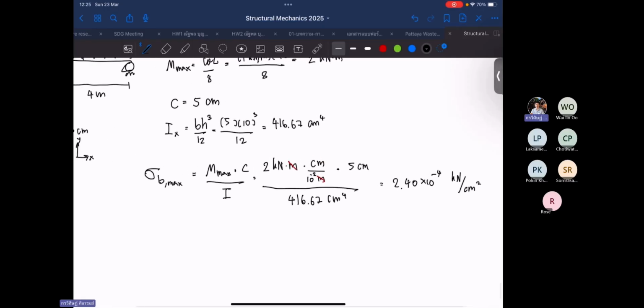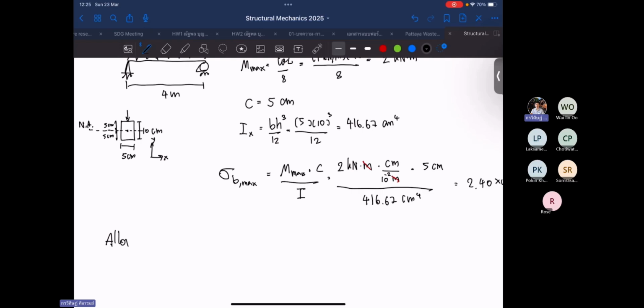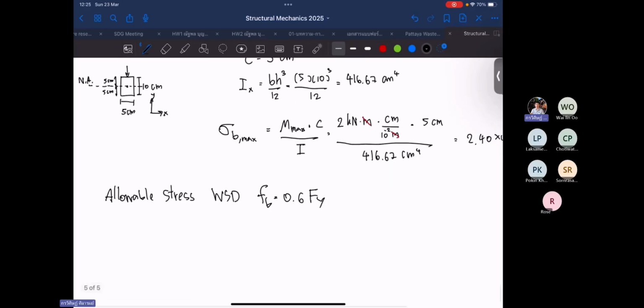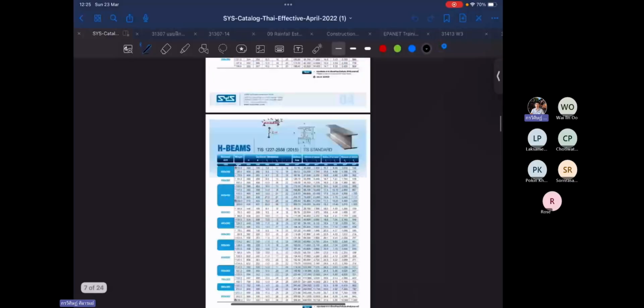Okay, and then to use this bending stress, we have to compare it with the allowable stress. For working stress design, this allowable stress equals 0.6 of the yield strength of the material. For the yield strength of the material, you have to refer to the catalog.